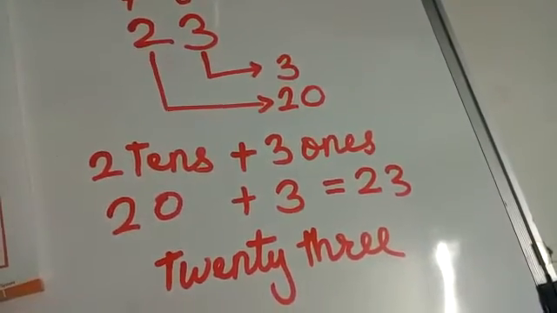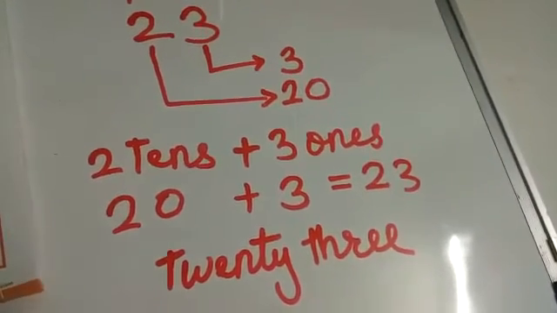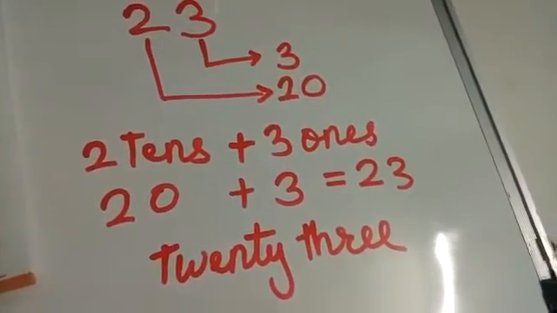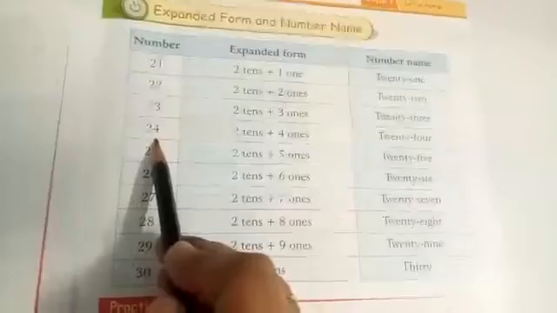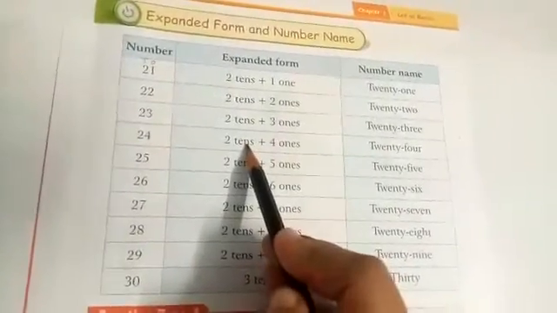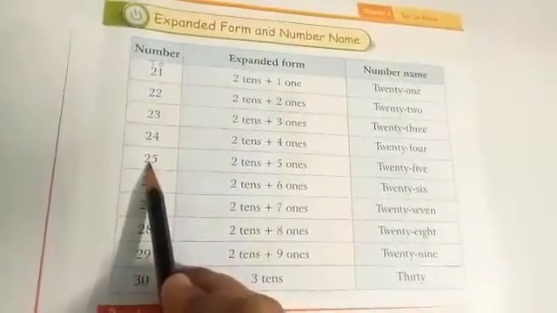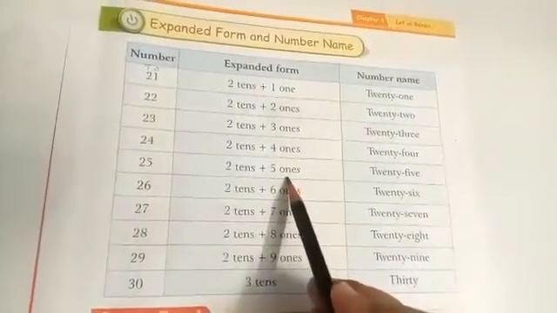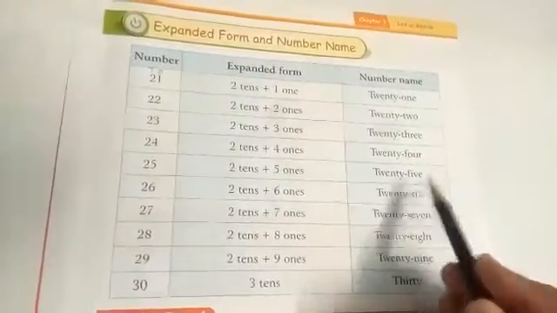Hope you have understood. Let's read the next number. Same as we have seen, the next number is 24. Expanded form is 2 tens plus 4 ones, that is 24. Next number is 25. 2 tens plus 5 ones is equal to 25.